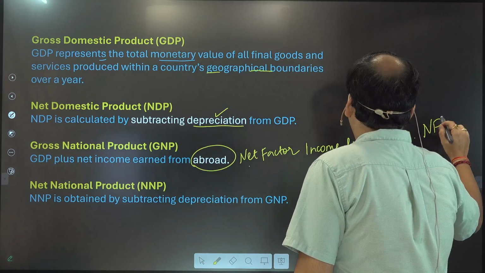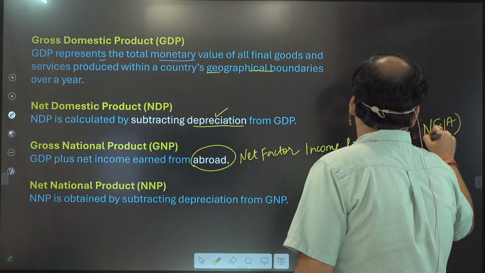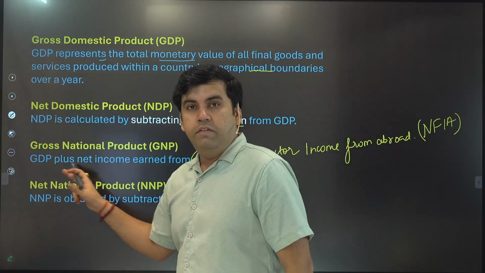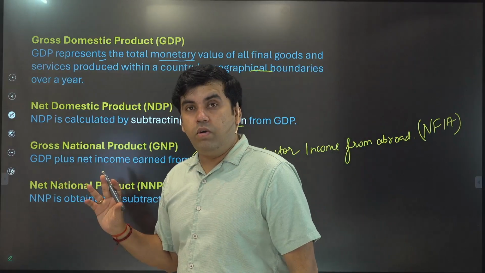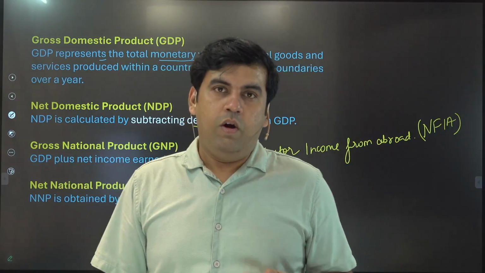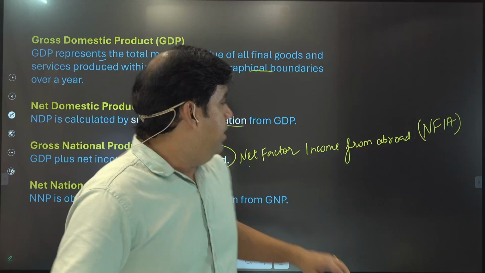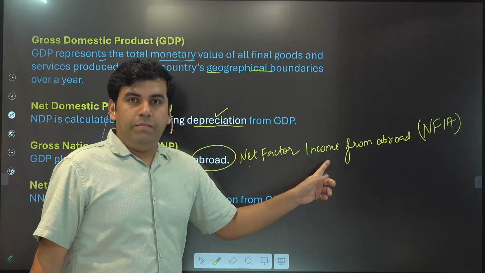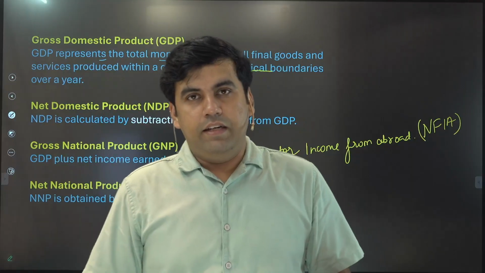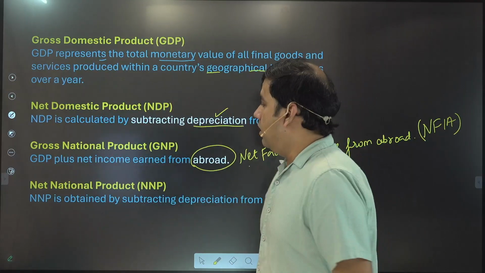NFIA. When this is added, its value depends on how much is incoming and how much is outgoing. If outgoing is more than incoming, net factor income will be negative. So yes, we will add it, but we'll get a lower answer.